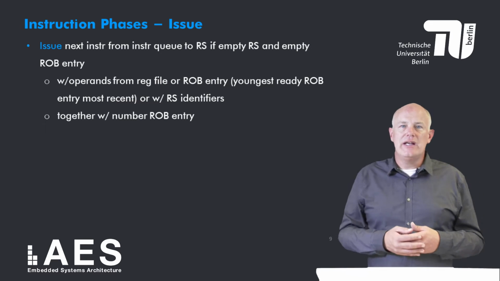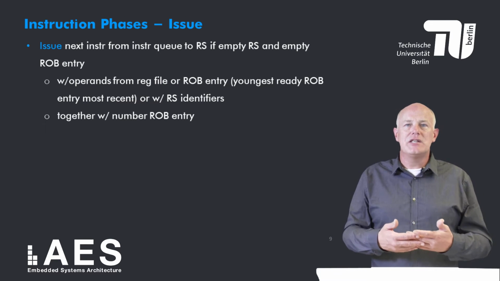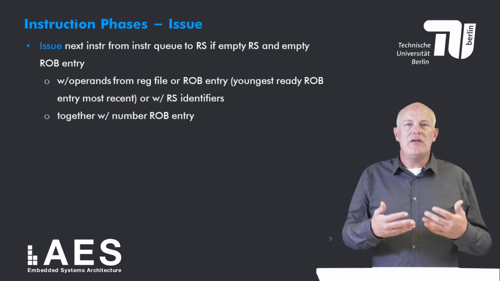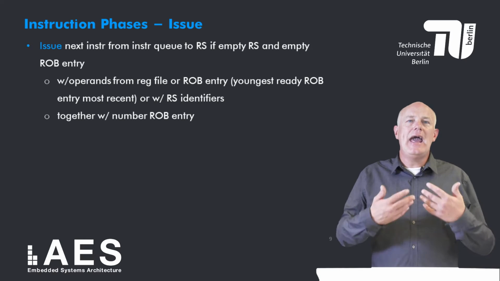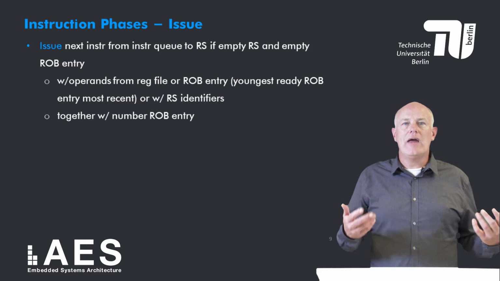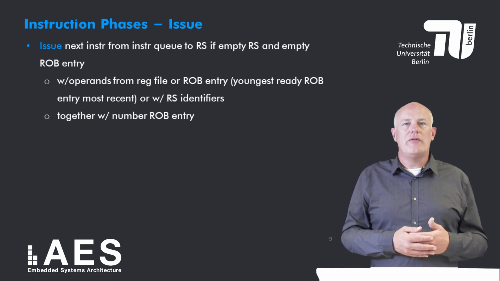First, the issue phase. We issue the next instruction from the instruction queue to a reservation station and a reorder buffer entry, if there is an empty reservation station and an empty reorder buffer entry. The instruction is issued together with operands from the register file or from the value field of a reorder buffer entry.